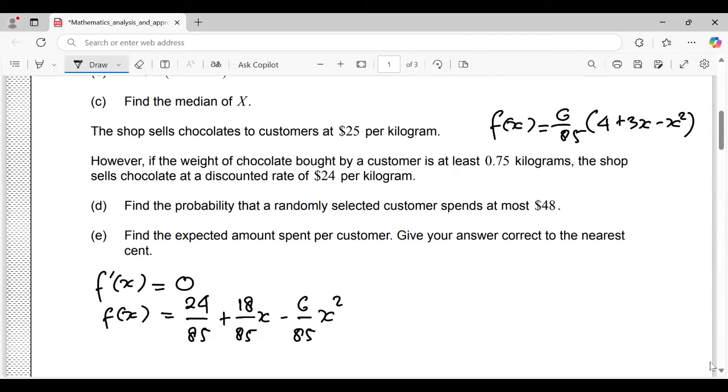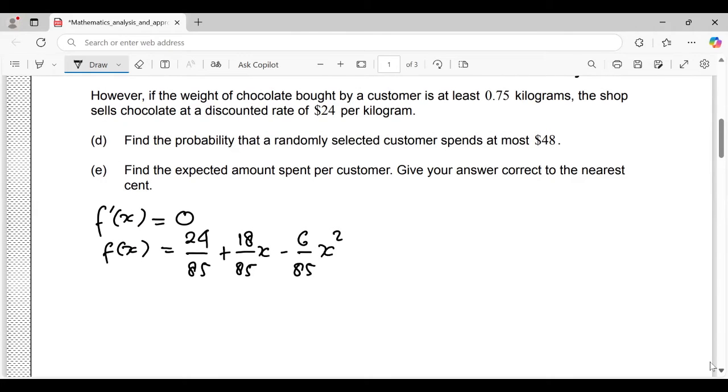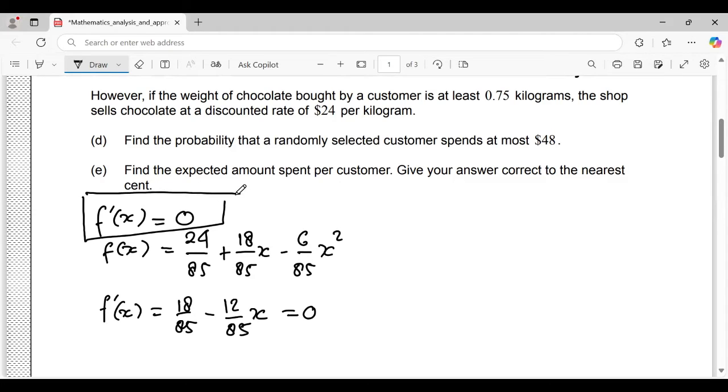So we need to find the derivative of this function, and the derivative of this function becomes 0, and this one is 18 over 85, this one is 12 over 85 x, equals 0, based on this rule. To get a maximum point or minimum point, we have to determine the first derivative equals 0, right?